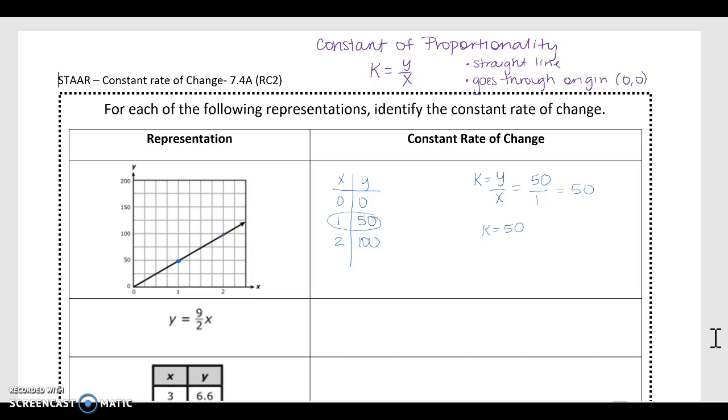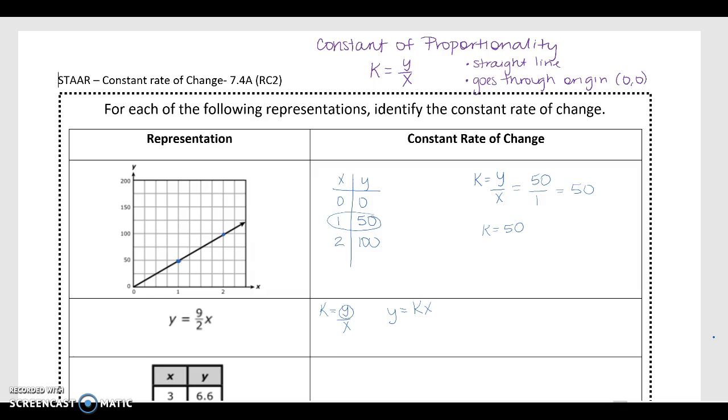Okay, so we know that K equals Y over X, but what if you're trying to write it as an equation? I know K equals Y over X, but what if I want Y by itself, because I want an equation? To get rid of the X here, I'd multiply times K. X would cancel and it would be X times K. So Y equals KX.